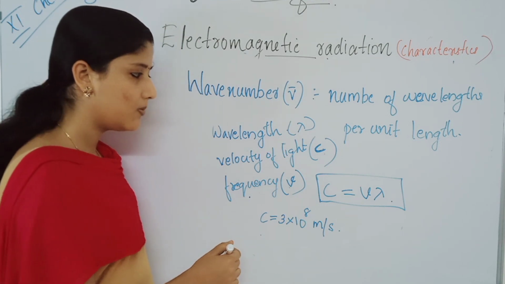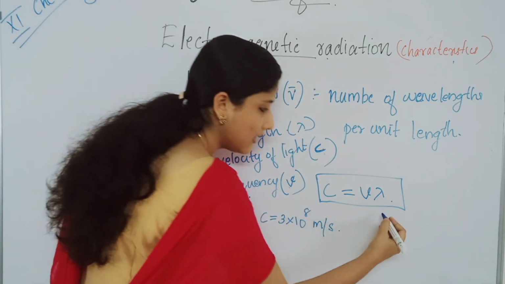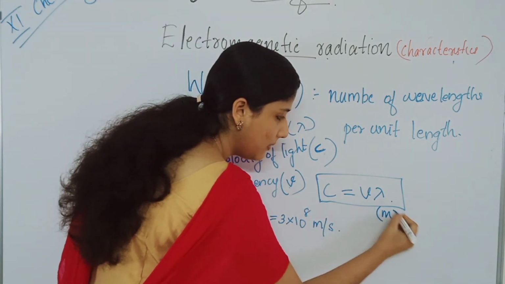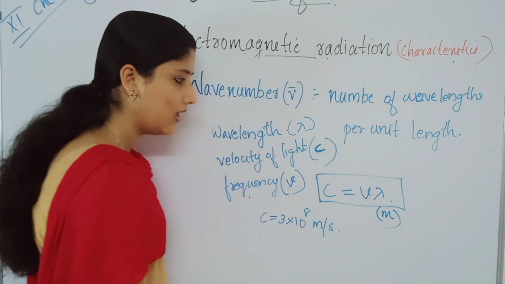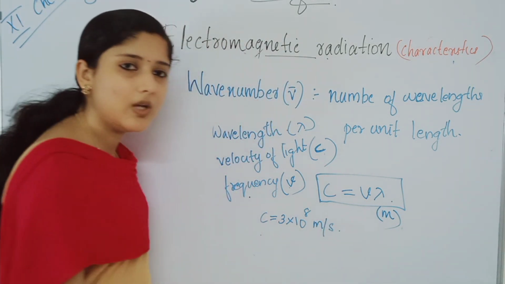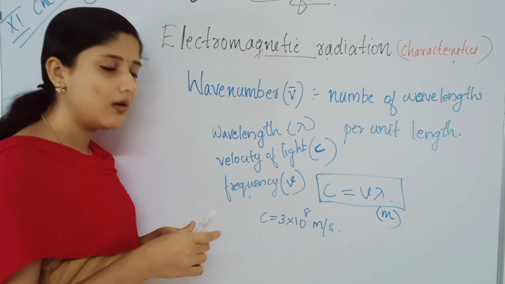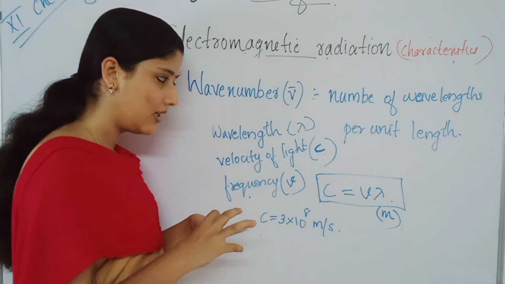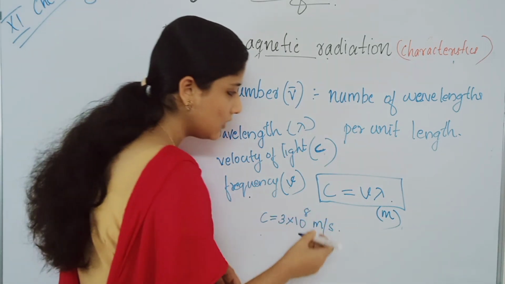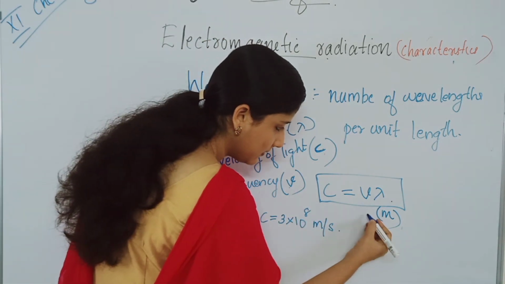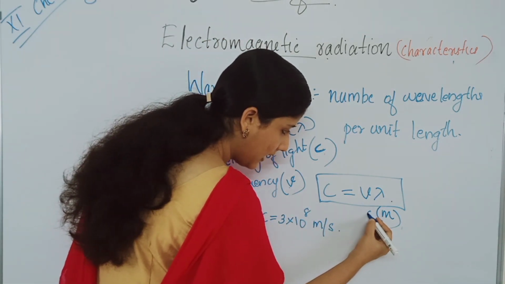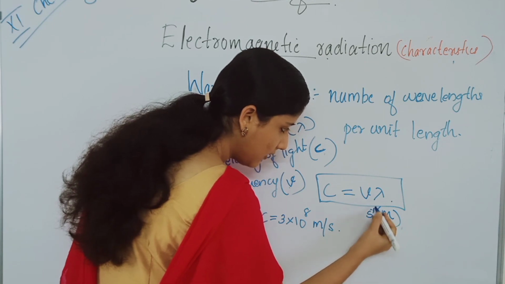Wavelength unit is meter, that we have already studied. And frequency is the number of waves that pass through a point in 1 second, so the unit will be second inverse.